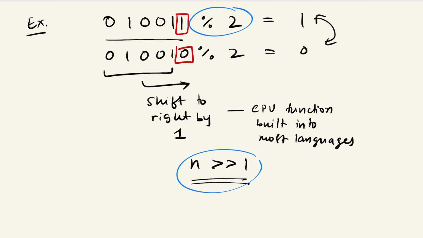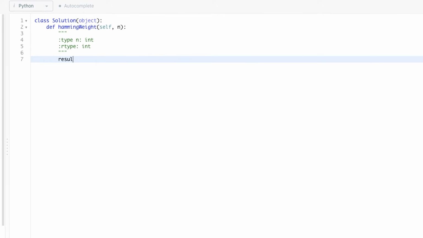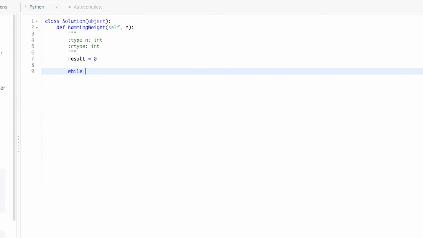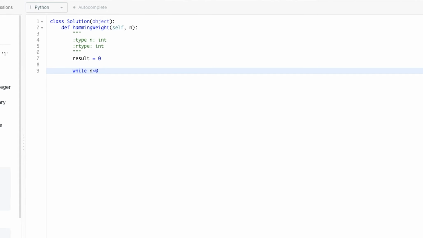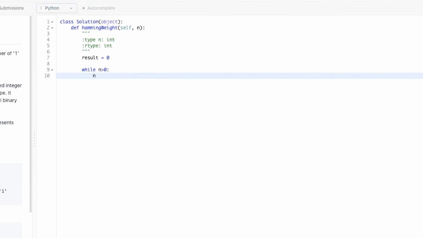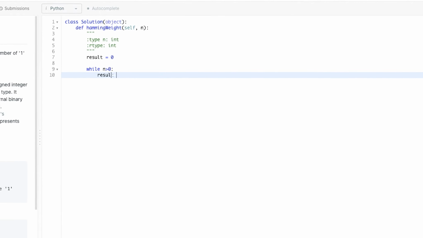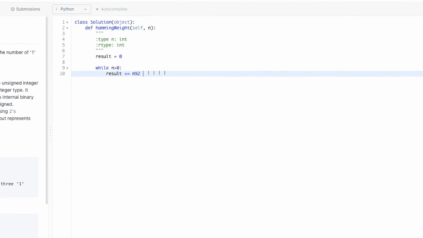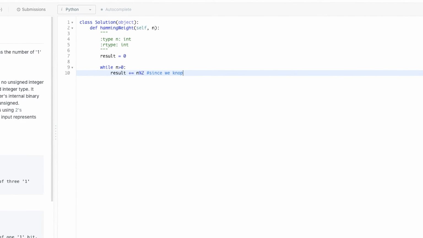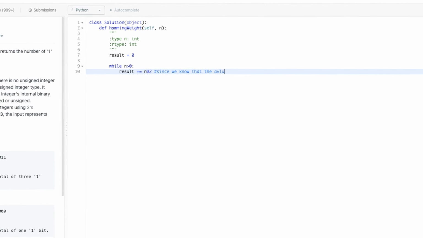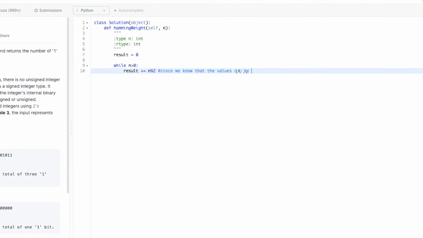So let's go ahead and start coding this. Put the result as 0 to start with, while n is greater than 0, result plus equals n mod 2, since we know the value can only be 0 or 1.